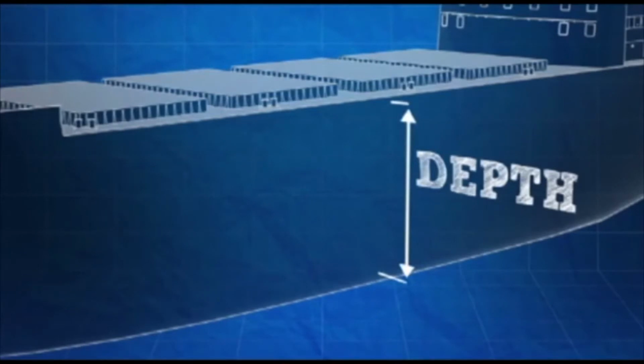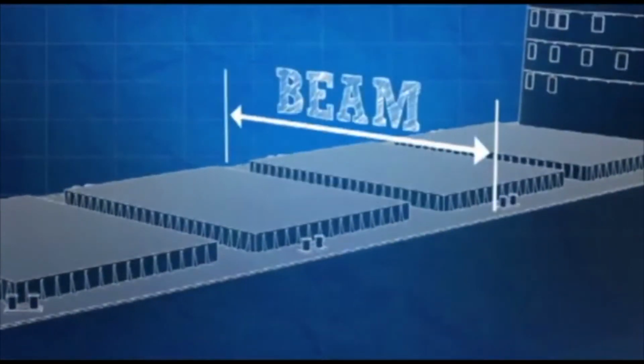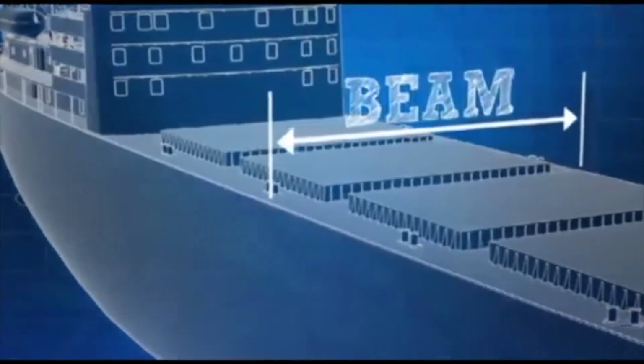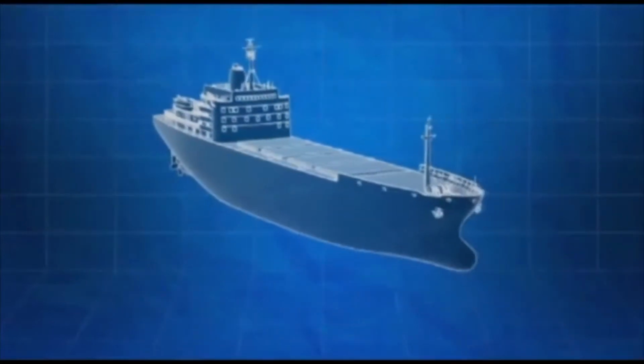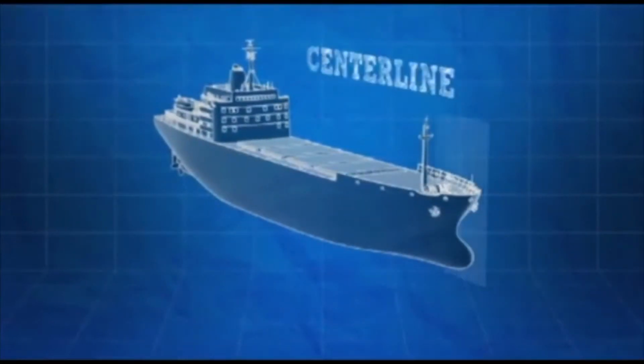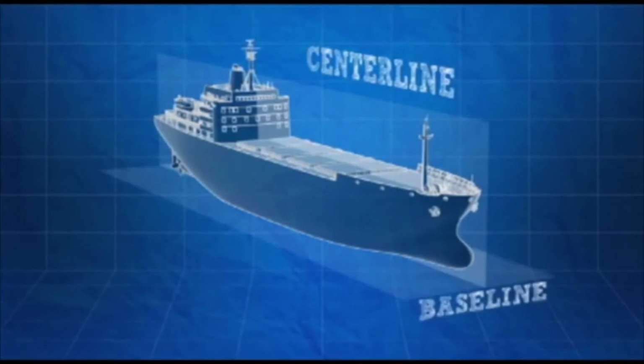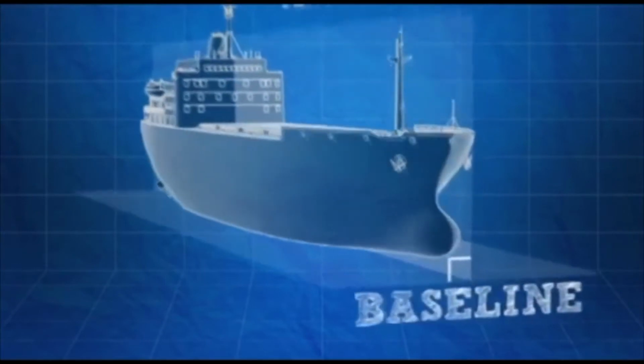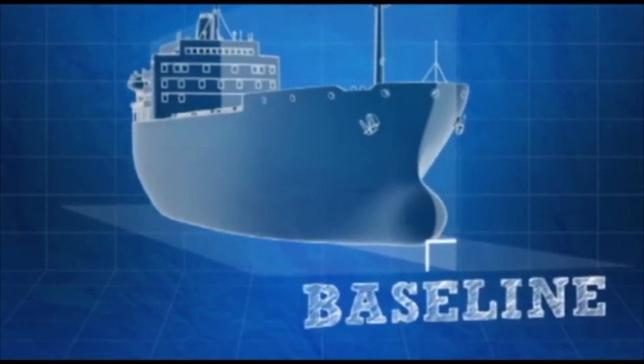In the other direction, a ship's beam, or breadth, is its width at its widest point. The center line is a vertical plane that runs the length of the ship at the midpoint of its beam, and the baseline is a horizontal plane perpendicular to the center line, located at the lowest point of the hull.